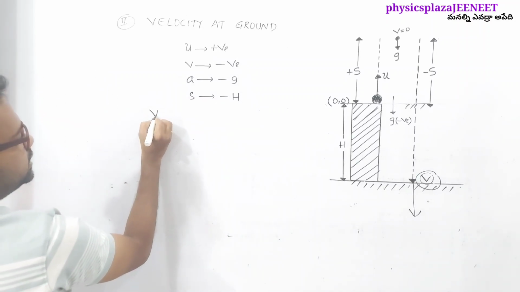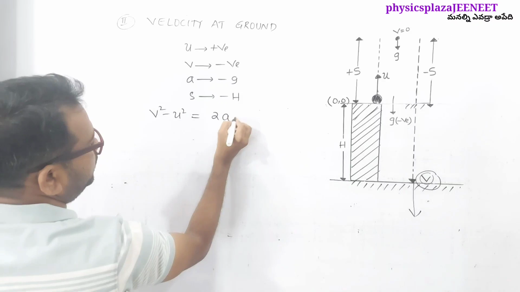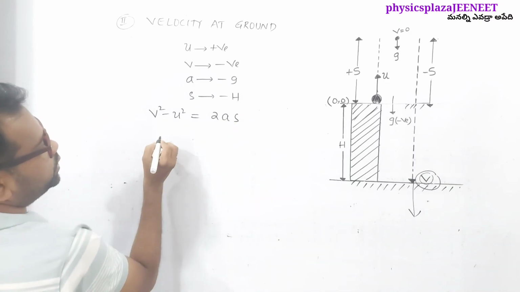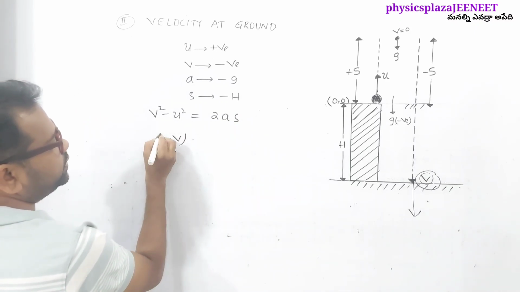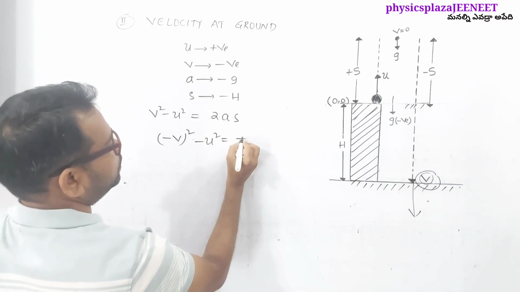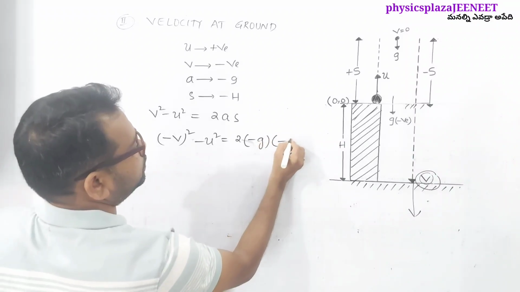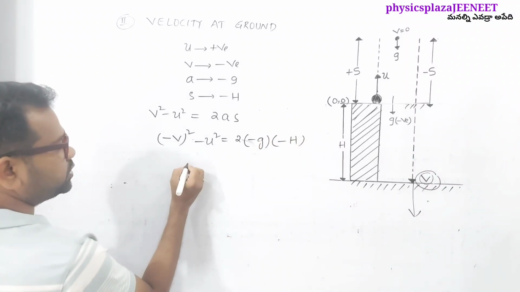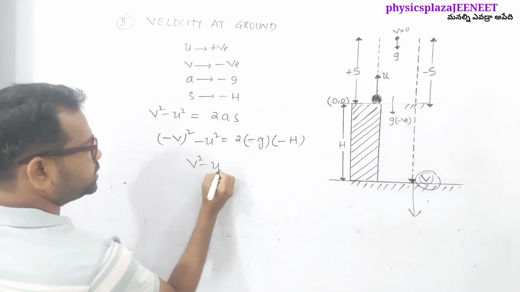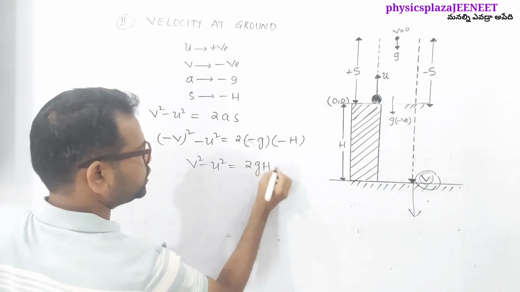Now here let us take the third equation of motion: v square minus u square is equal to 2as. Let us substitute here. It is (minus v) whole square minus u square is equal to 2 into minus g into minus h. So v square minus u square is equal to minus into minus plus, it is 2gh.